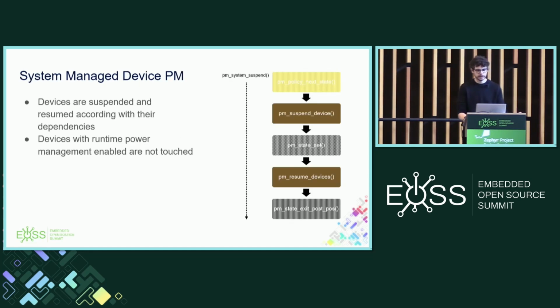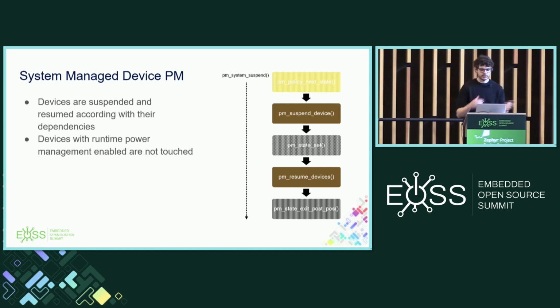So coming back to the system power management diagram, after the policy returns the state that should be used, if it's anything other than active, then at runtime, devices are sequentially suspended. The subsystem ignores some devices depending on some conditions, like if the device is busy, or if the device is using runtime power management, or the device is used as a wake-up source, then the system excludes this device from this list.